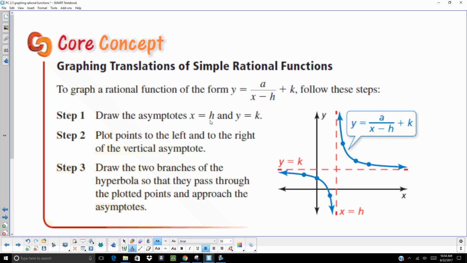We're going to have asymptotes at x equals h, that'll be vertical, and at y equals k, that'll be horizontal. And then typically we're going to plot some points to the left and right of the vertical asymptote. That kind of gives you a little bit of a guideline, and then you're going to draw 2 branches, and they should be kind of symmetrical of each other. Okay?